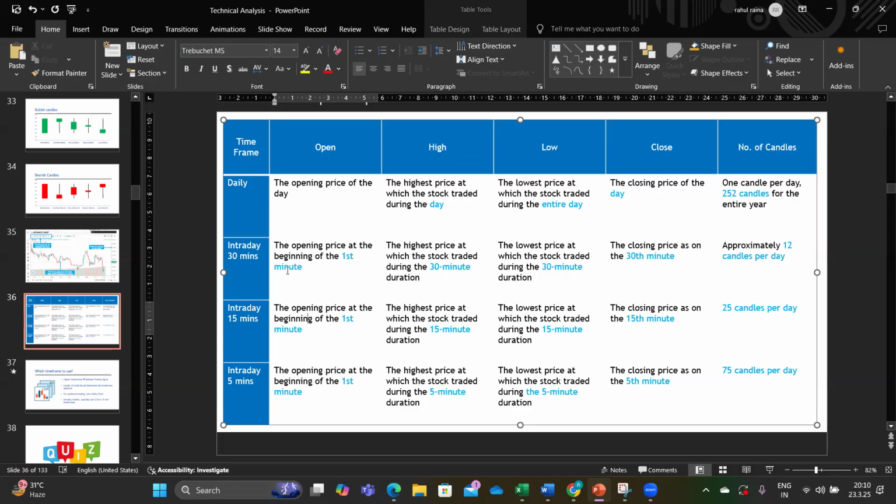So if it is 30 minutes, approximately 12 candles per day. If you do an intraday chart, 15 minutes, 25 candles per day. Same way, an intraday 5 minutes chart, 75 candles per day.